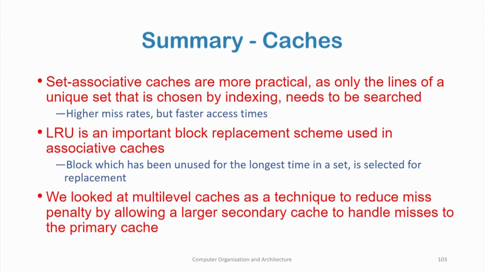Now, multi-level caches, what do we have? We have very small primary caches and then larger and larger secondary caches. So, the first level primary cache is small, it has very fast access times. The second level cache is larger, but slower, and the third level or other levels are again larger and slower than the primary cache.